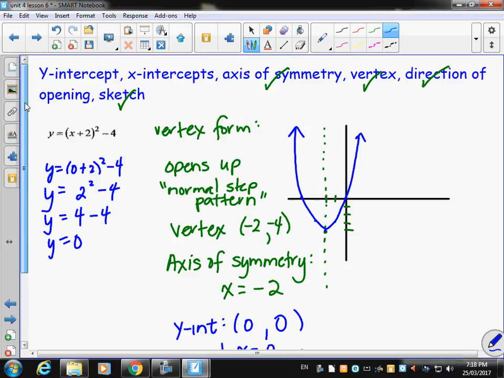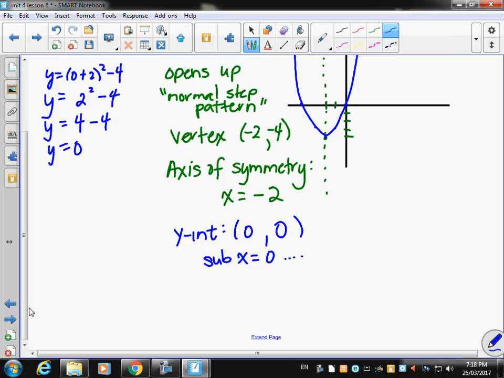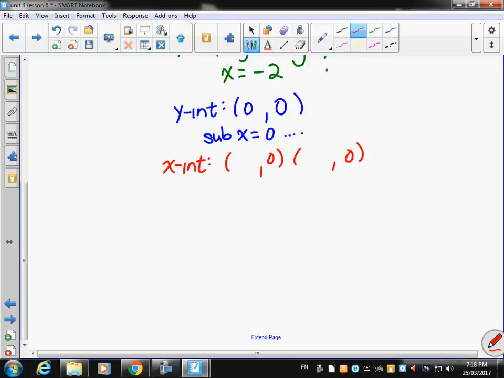So I have figured out almost everything without changing form. The last thing is x-intercepts. Well, we can do that. For my x-intercepts, my y value is 0 because I could potentially have two x-intercepts and they both look like that. So to find my x-intercepts, I'm going to substitute y equals 0.